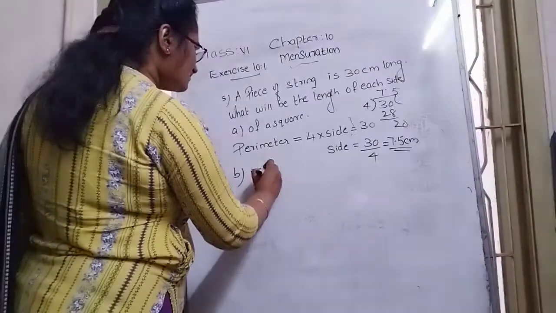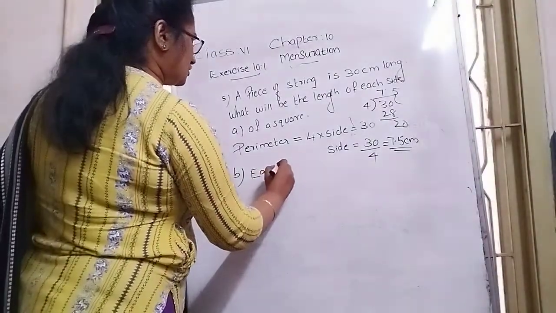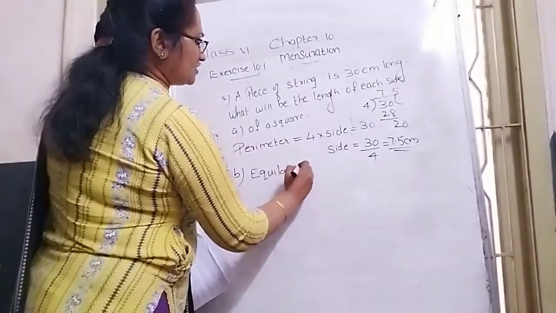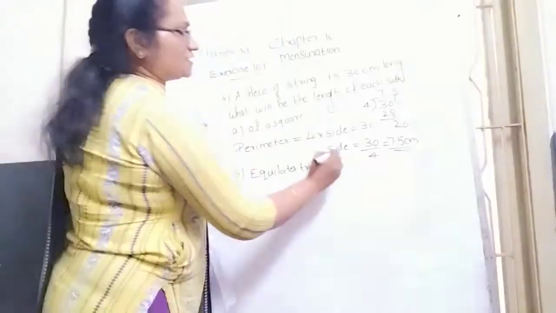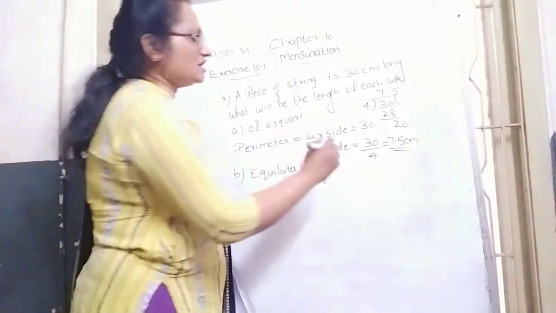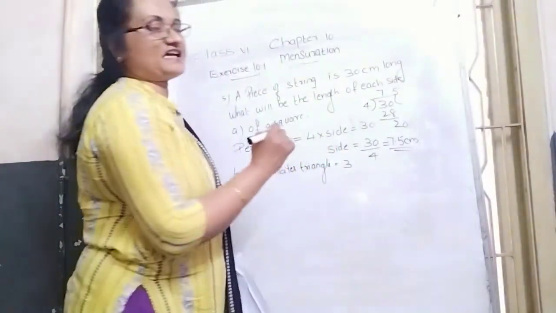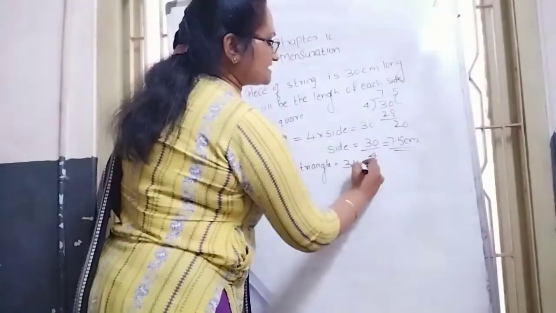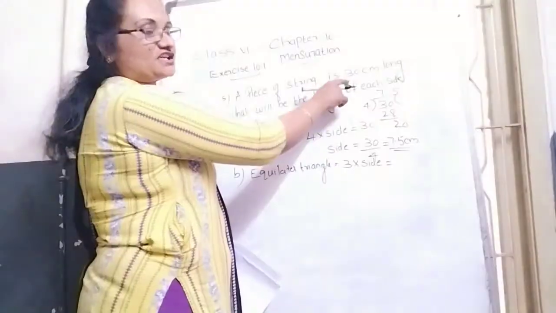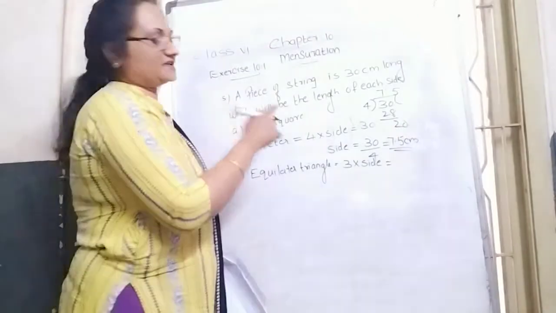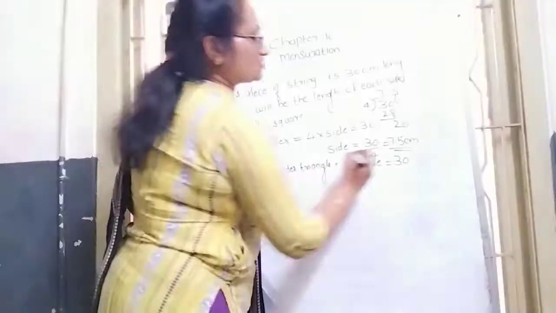Same way, equilateral triangle case. Equilateral triangle perimeter, what is the formula? Equilateral means all 3 sides are equal. Perimeter of an equilateral triangle is 3 into side. That is equal to the length of the string, which is 30.